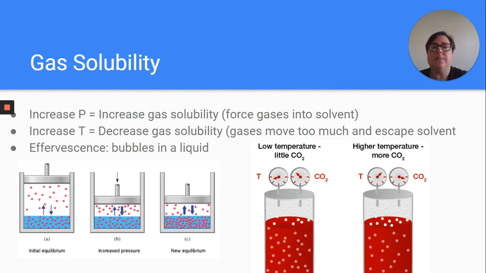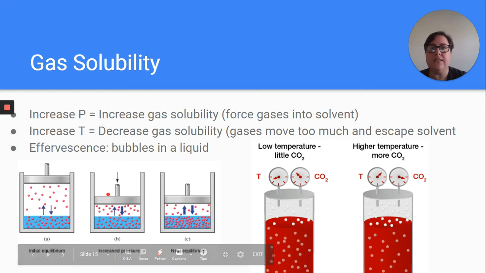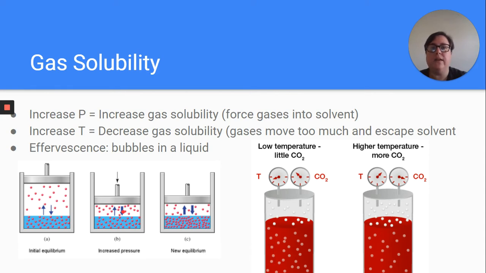All right, gas solubility. If you increase pressure, you're going to increase gas solubility. You're forcing this down, so you're decreasing volume. Increase pressure, decrease volume, forces those gas molecules into your liquid. So that's why when we want to bottle carbonated beverages, we do it under pressure so we can force the carbonation into the solution.